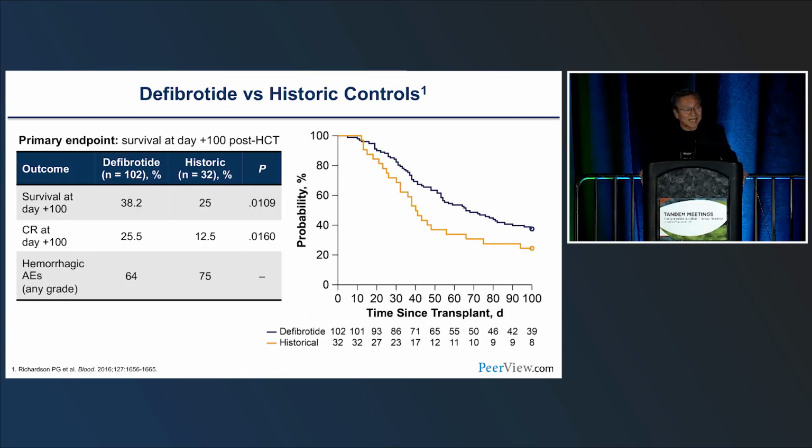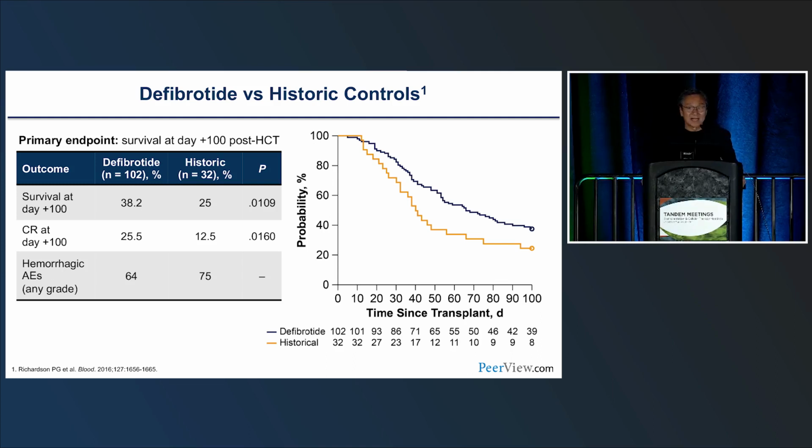So what led to this idea that defibrotide would work was looking at the historical data on survival at day 100 of the patients who were treated versus a historical control group. And this is data by Paul Richardson from many years ago now, showing that there's a significant improvement in survival with the use of defibrotide, a much higher rate of complete remission, and really not a significant hemorrhagic risk.